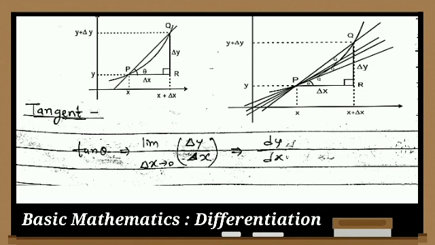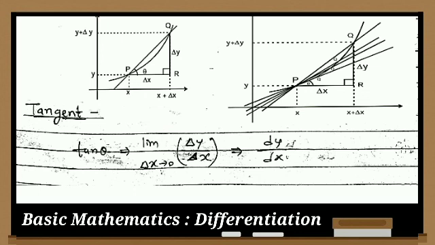What is the tangent? What is tan theta? What is the slope? To find the tangent, we have to decrease the value of delta x up to 0.